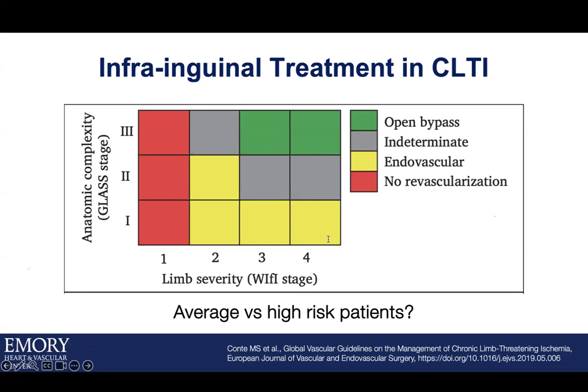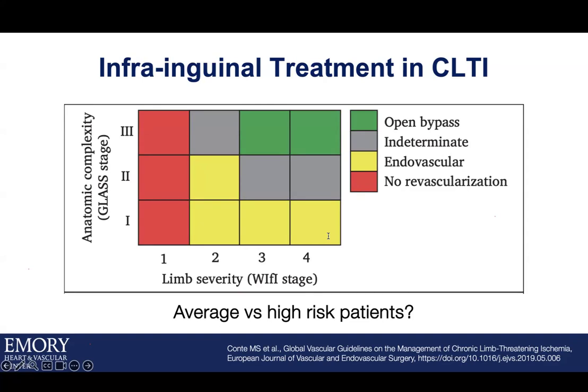Now, this table talks about average risk patients, not high risk patients. The average risk patients, it really is defined by the peri-procedural risk, and this is based on the tools that we use for peri-procedural risk. If the risk of the peri-procedural mortality is less than 50%, that's an average risk. But if it's more than 50%, that's a high risk. So high-risk patients, you need to think about them differently.